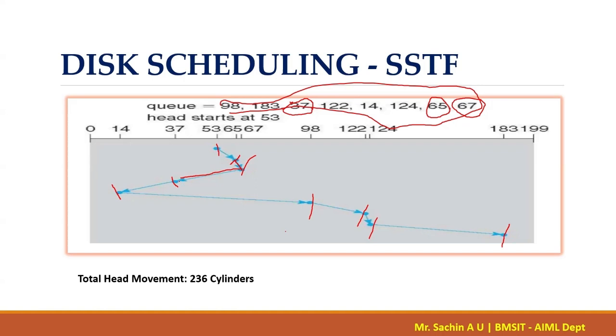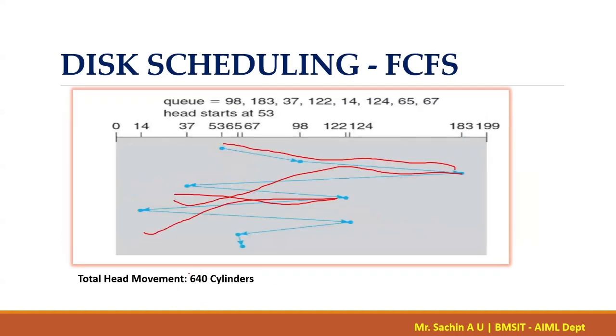And after that, plus 37 minus 14. After that, 98 minus 14. So when you add all this, what is the total answer you are getting? 236 cylinders. That means here the seek time is 236, which is very much less compared to your 640 cylinders.